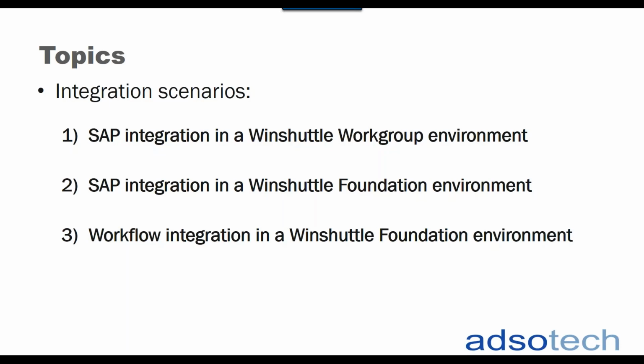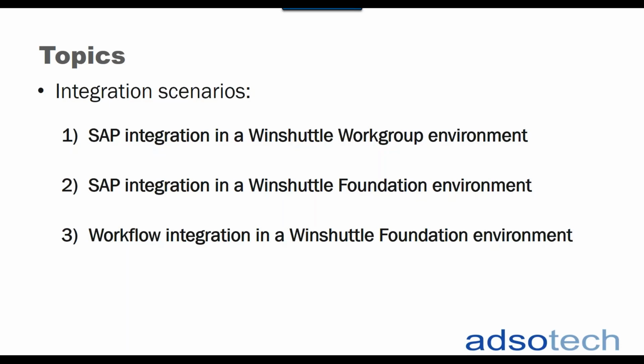We're looking at what capabilities exist with that product. And then the second thing is SAP integration in a Winshuttle Foundation environment. If you have the whole Winshuttle server, the Foundation, set up, you will have some additional options to integrate with SAP.